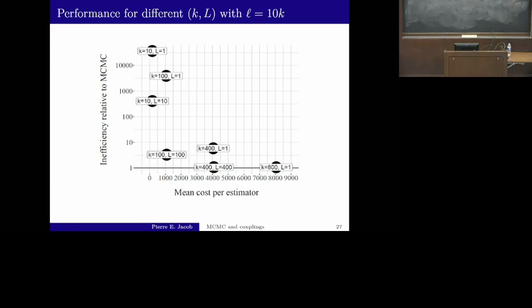So the goal is to get close to the MCMC efficiency, but having this non-asymptotic unbiased property that allows you to do parallel copies. Here we see that those tuning parameters, the lag, for example, if we tune it well, we get close to this horizontal line. That's the good efficiency line.